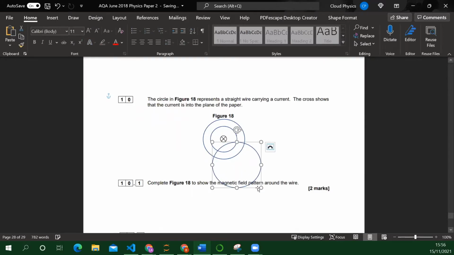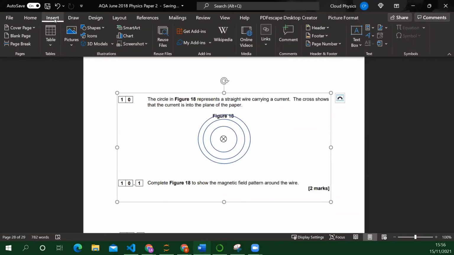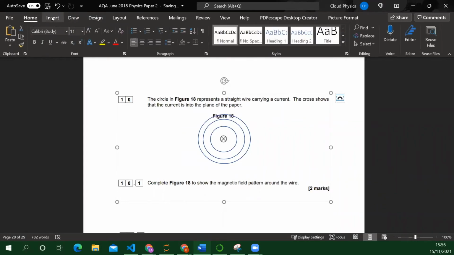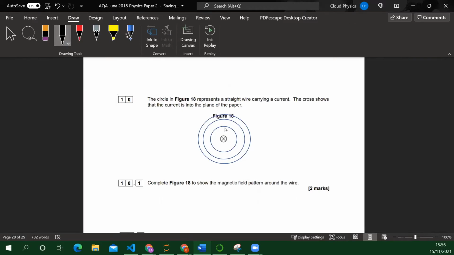Okay, if we use a bit bigger. It's an atom. Right, so we need to put an arrow on that too. Let's put a little arrow. Let's just draw it. Okay, right, so the arrow, it's going clockwise.